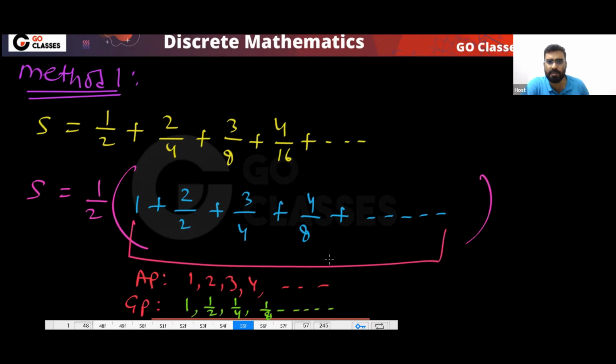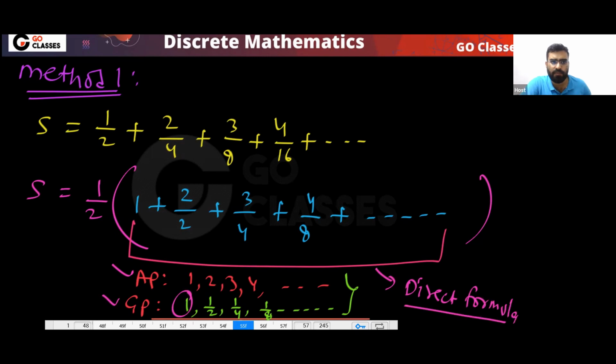This is your GP starting from 1. This is perfect to apply the direct formula. Yes or no? So you can apply the direct formula.